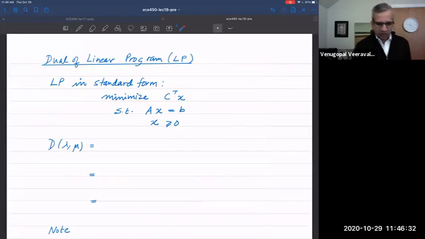Okay. So this is a linear programming problem in what's called standard form. It turns out that you can take any linear programming problem that involves both inequality and equality constraints and write it in this manner. If you want to see the details of that, it's in Boyd and Vandenberghe's book. But I'm not going to focus so much on that because I don't want this course to focus too much on just linear programming problems.